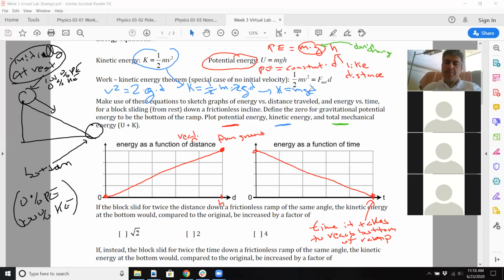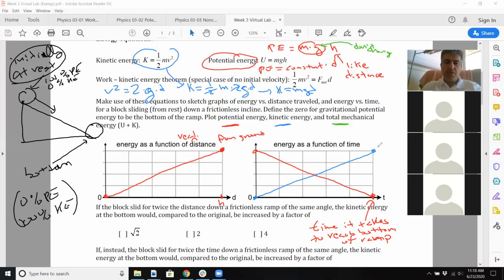But because it's 0 initially, we have 0 kinetic energy. But by the time you get to the bottom, it's going to be 100% kinetic energy. It's going to look just like that.